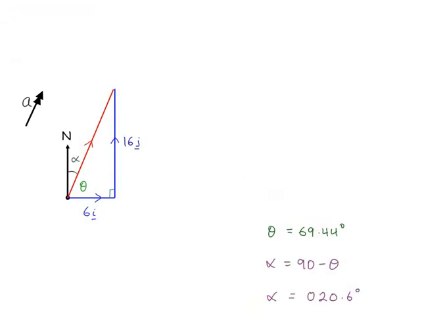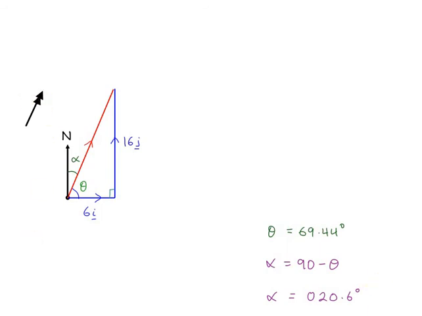And then to work out a bearing, an angle measured clockwise from north, this is for our resultant force. So we're looking for angle alpha, so 90 minus this angle theta here. So alpha, or our bearing, is 020.6 degrees, given as a bearing.